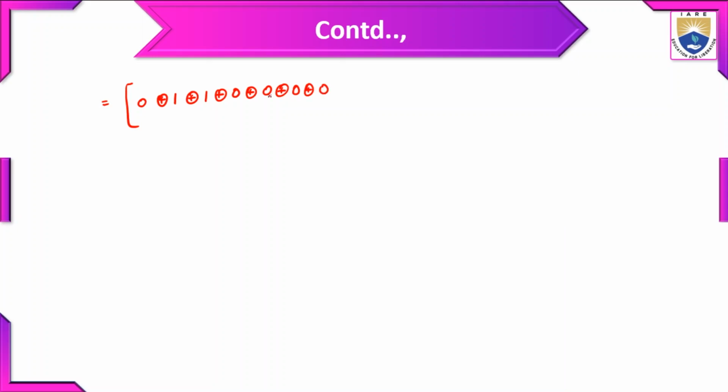This is the first row multiplied with the first column.